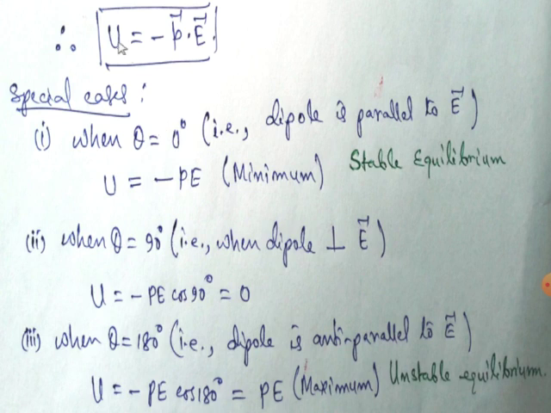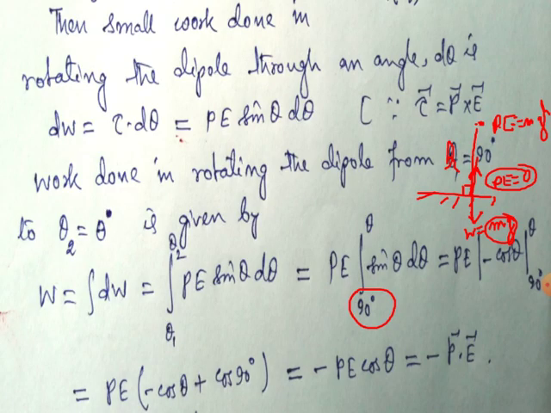And mind you one thing, at the time of examination when you are asked to solve that numerical problem, don't use this formula first, okay? You better use that formula starting from 90 degrees to theta. Suppose you are asked to find out the work done or potential energy stored from one angle to another angle. In that case, you need to take this formula as the formula.